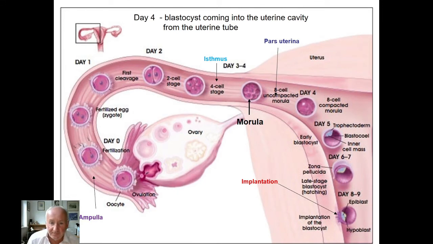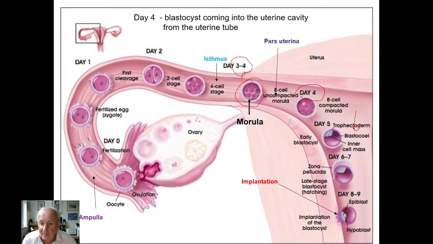Day 3, morula in the isthmus. Pars uterina of the uterine tube. Day 4, an early blastocyst is falling into the uterine cavity.